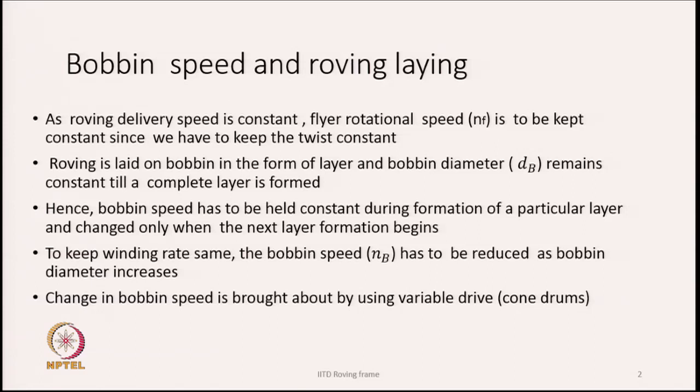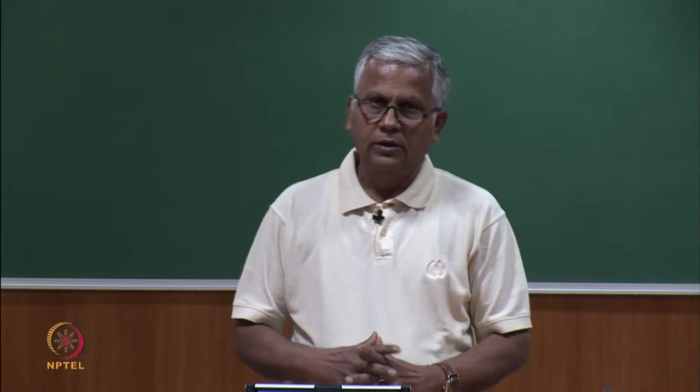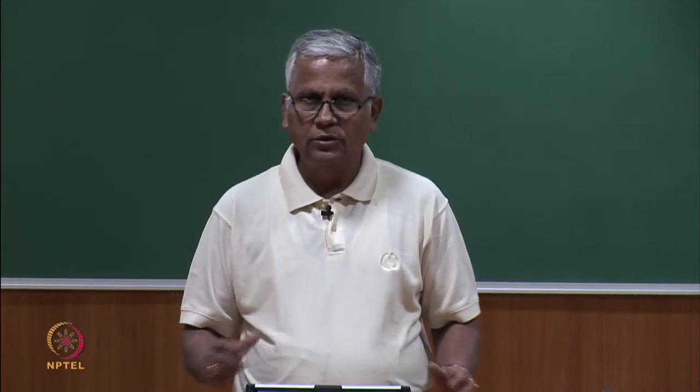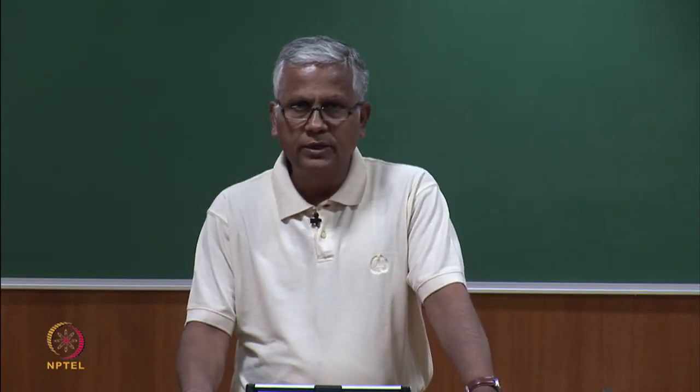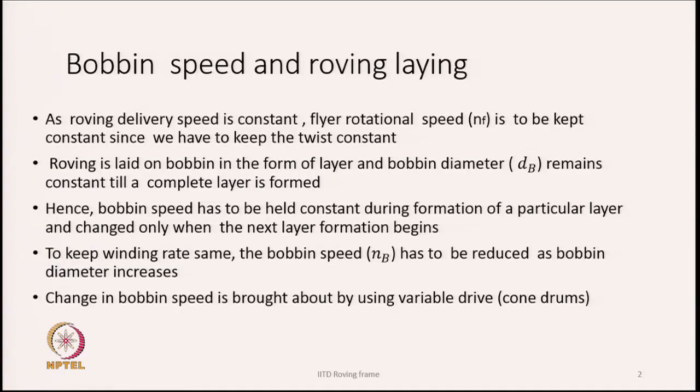So, winding rate is same, but the winding speed is different, because the bobbin is growing in diameter. So, the change in bobbin speed is brought about by using a variable drive, and we are going to discuss this drive now.